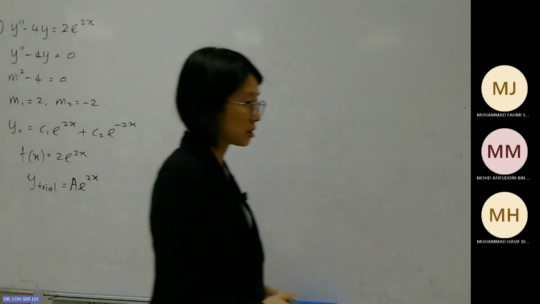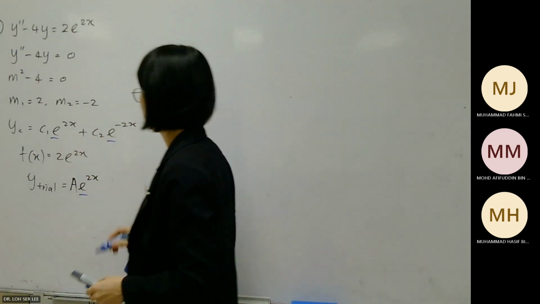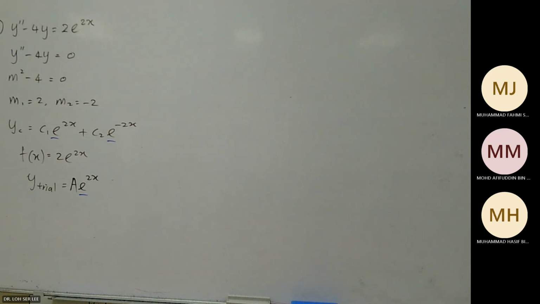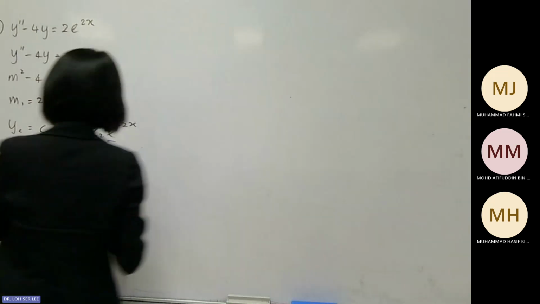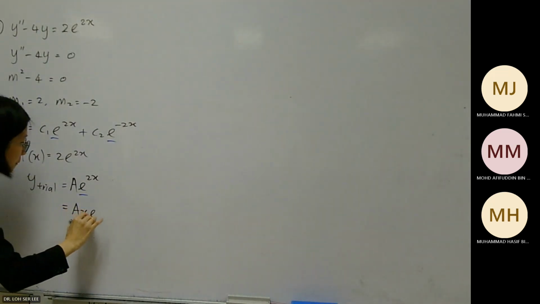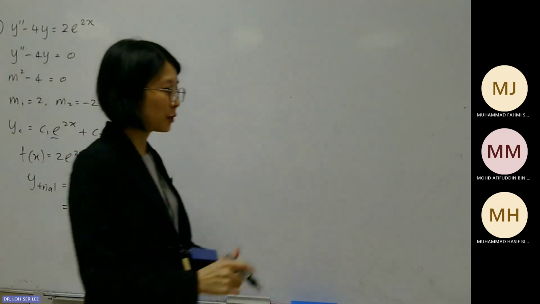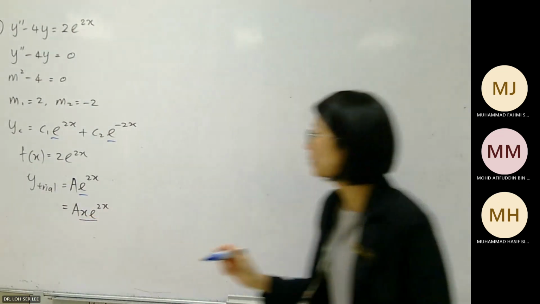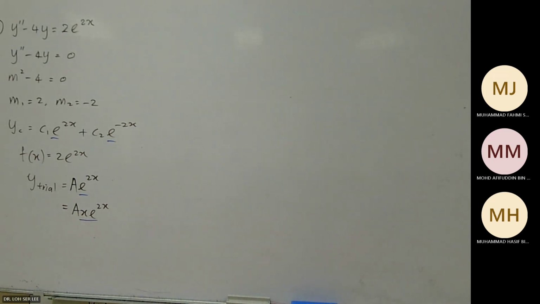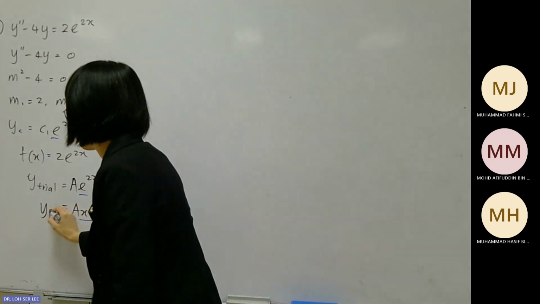So now we check for duplication. Is there any duplication found? Yes, there's a duplication here. So what do we do? We insert an extra x. Then we check again. Any more duplication? No more duplication, meaning that this is your yp.